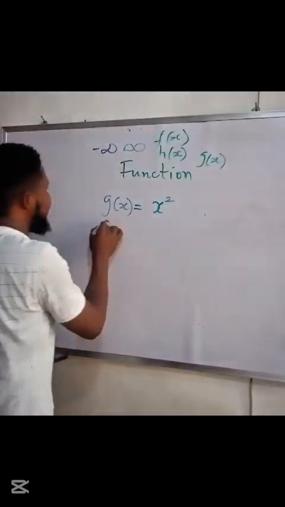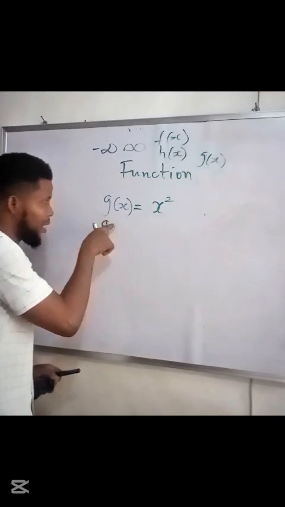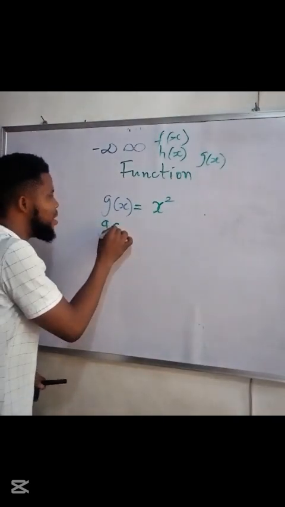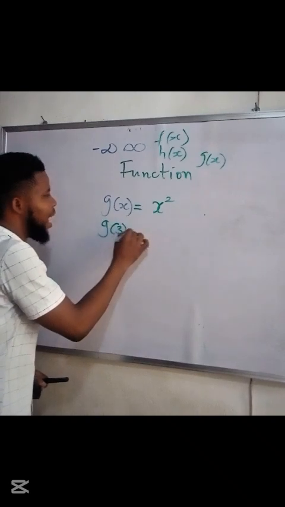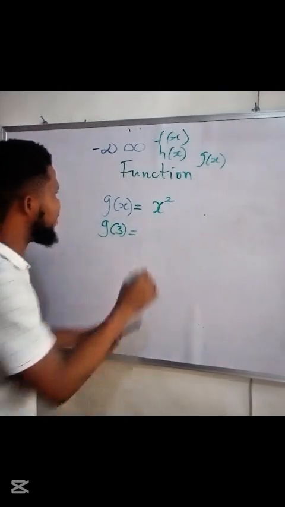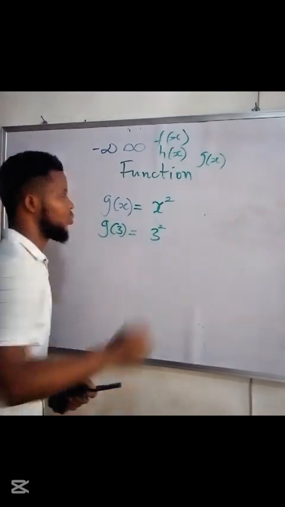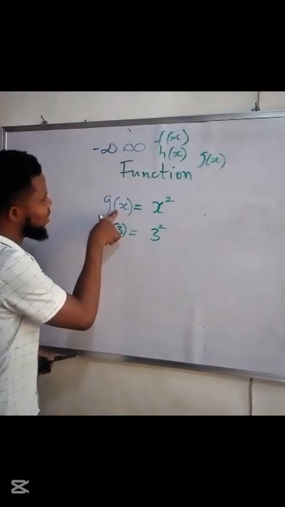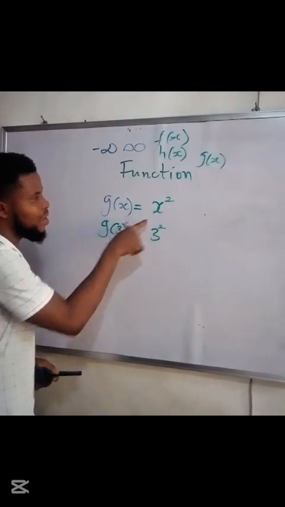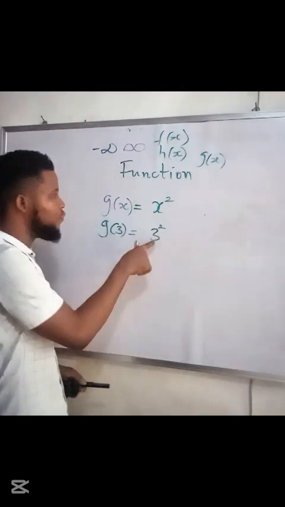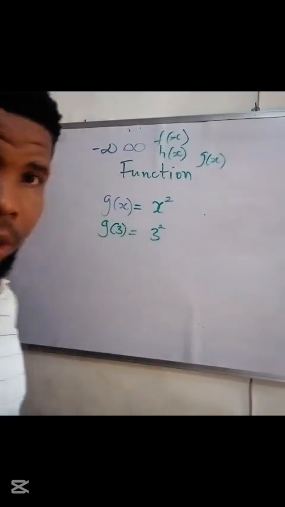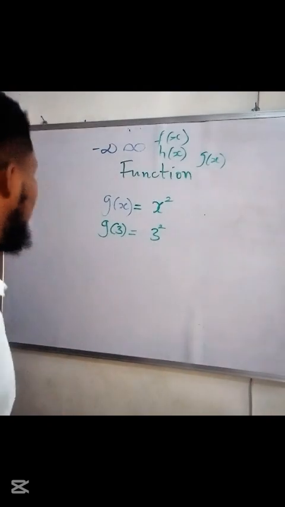So what that means is that this bank, whether it's the central government bank or whatever, if I give them 3 naira, it will be 3 naira raised to power 2. Anything that S is occupying is what you put inside S. So if I put 3 here, I'll still put power 2. That's mathematics for you. Once you understand this, you are good to go.